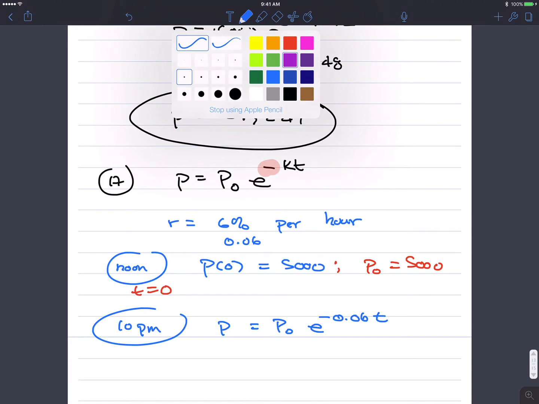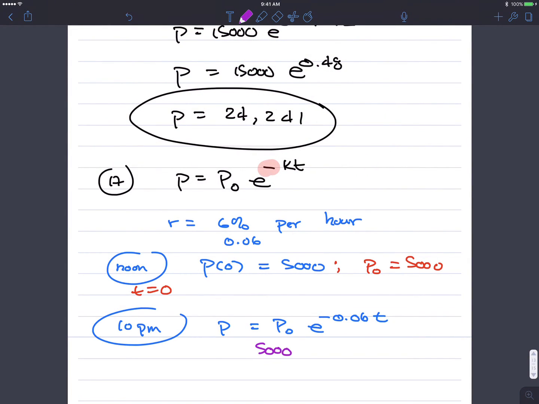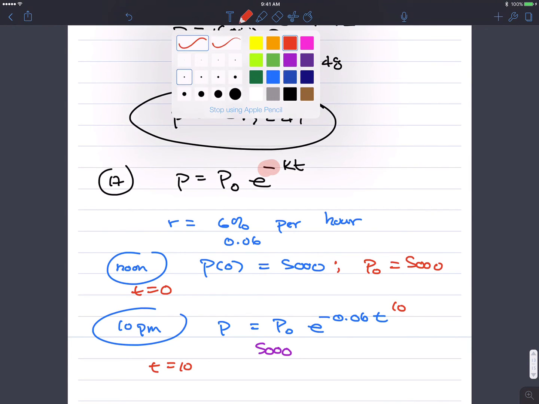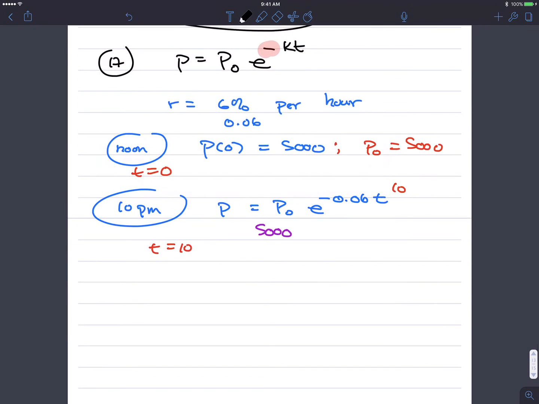I have how many pesky bugs? 5,000. And going from noon to 10 on the same day, what's my time? It's 10. So here's what we get. P is 5,000 e to the minus 0.06 times 10, so 5,000 e to the minus 0.6 power. Is that true? Okay, punch that in your calculator.